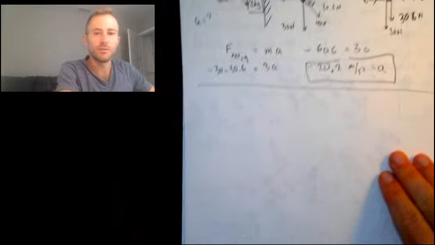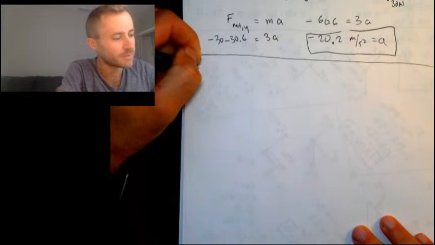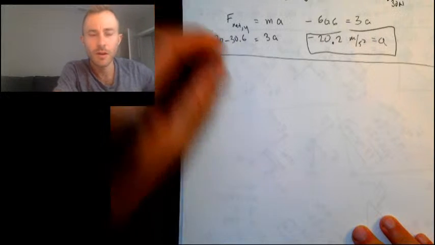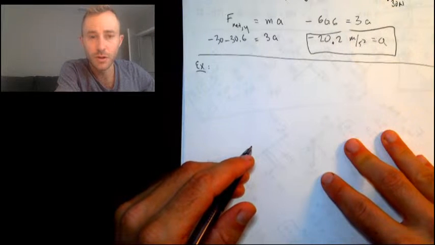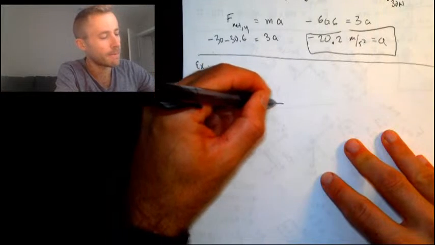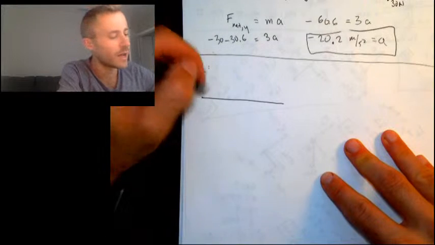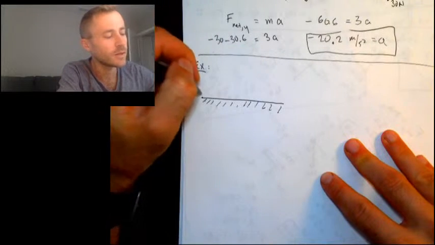So we're going to do one more example today, and this one's a little bit tricky. And believe it or not, it has applications to fighting someone, okay? So let's suppose you have a flat surface, okay?